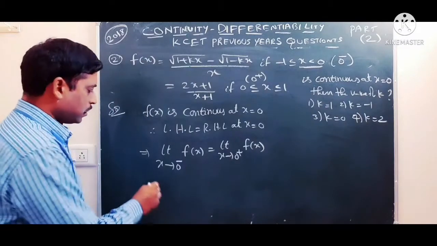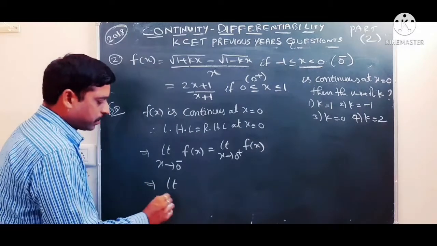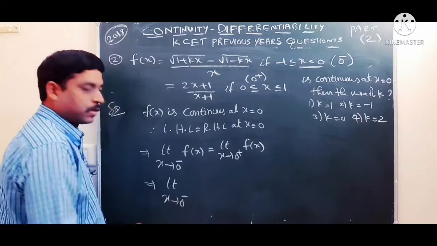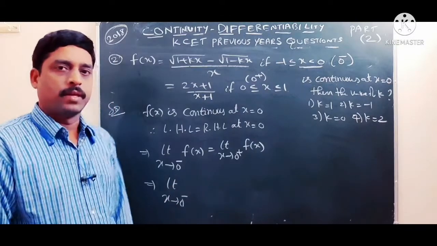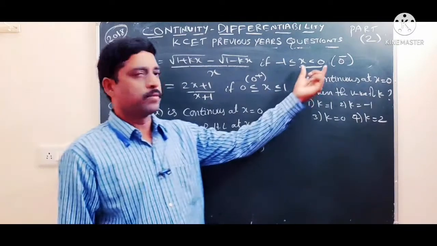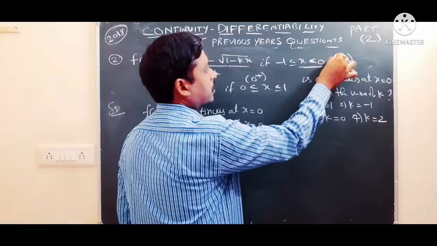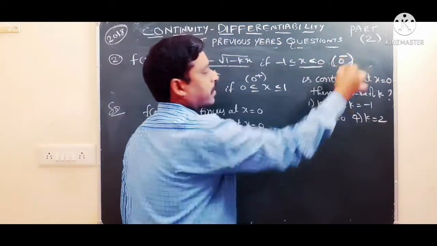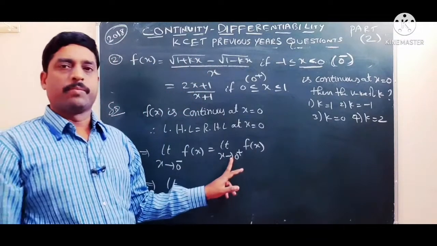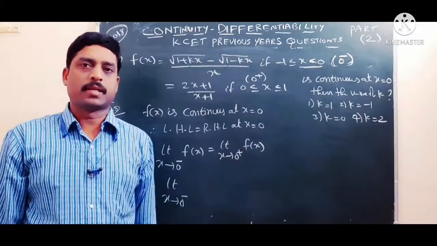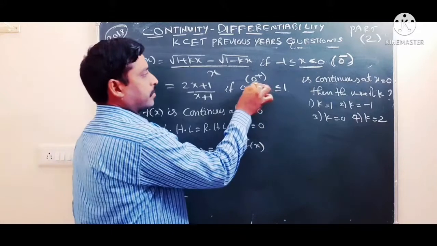Now limit x tends to 0 minus, so a number less than 0 satisfies the first condition, and 0 plus, greater than 0, satisfies the second condition.